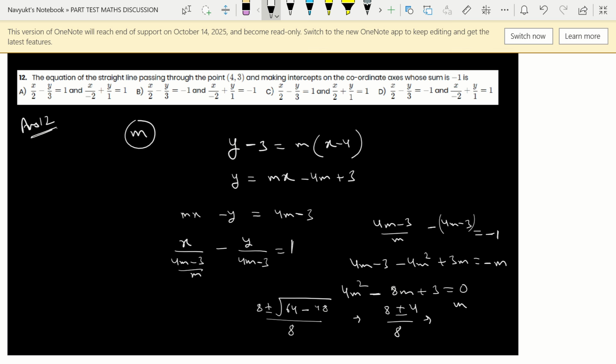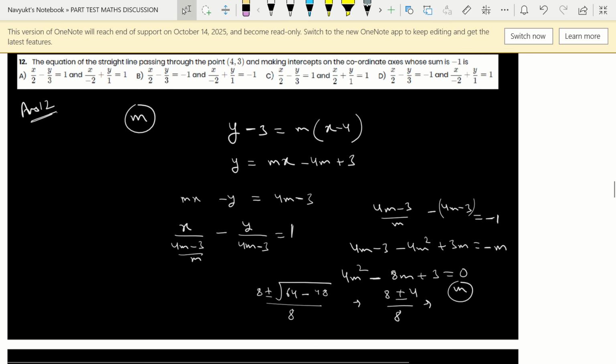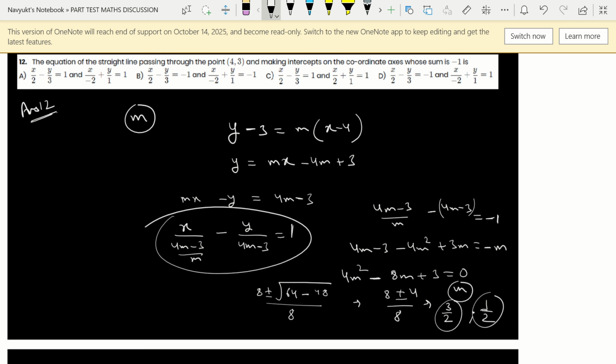The values of m can be either 12 by 8, right? 12 by 8 would be simple. These are 3 by 2, or it can be 4 by 8, half, right? We'll simply put these two possibilities in our equation of the line.